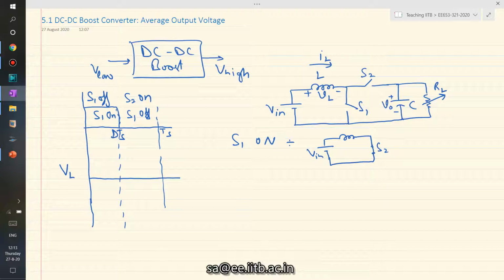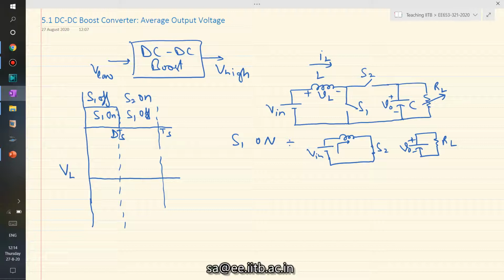The input voltage is supplying energy to the inductor and the inductor current is rising. In parallel, there is another circuit operating, in which the output capacitor is discharging and providing energy to the load resistance RL. Both things are happening in parallel.